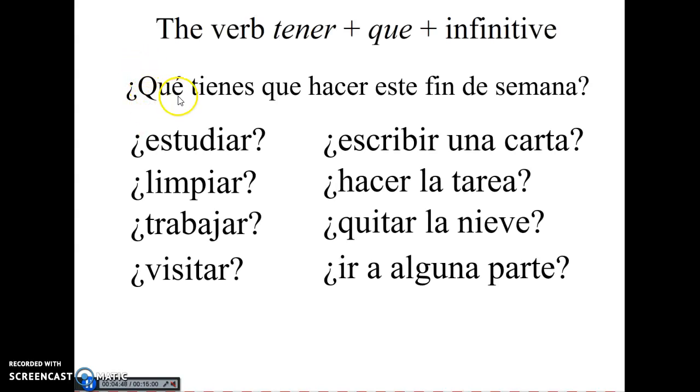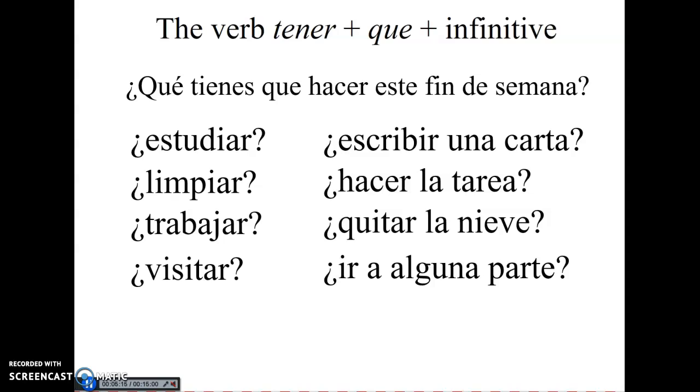So I'm asking, what do you have to do this weekend? Estudiar, hacer la tarea, trabajar, visitar. So I'm giving you kind of an example of what my question would look like. If I ask you this question, I'm asking, what do you have to? Tienes es la forma tú, que have to do, hacer is to do, este fin de semana.